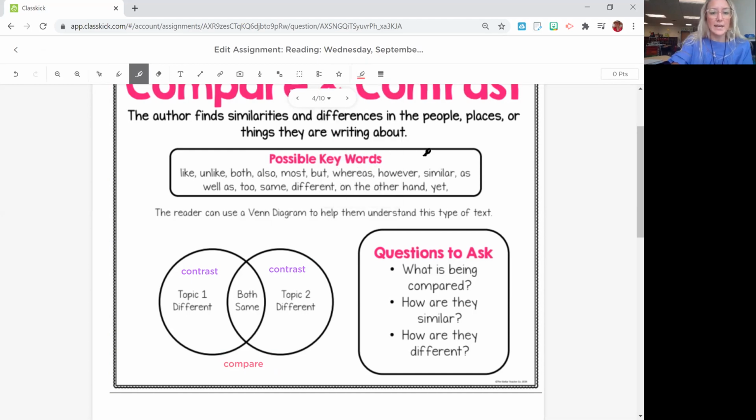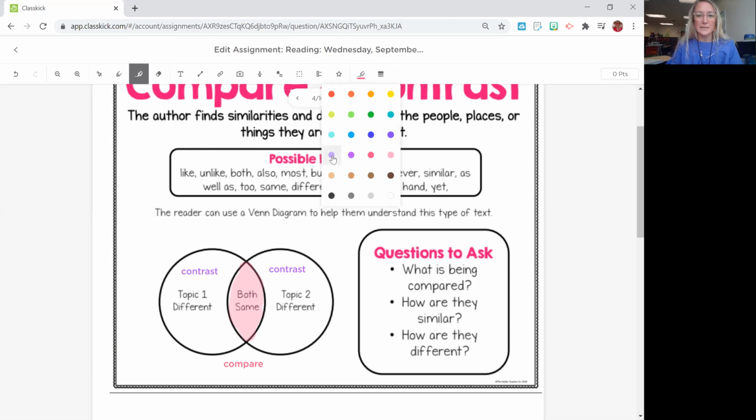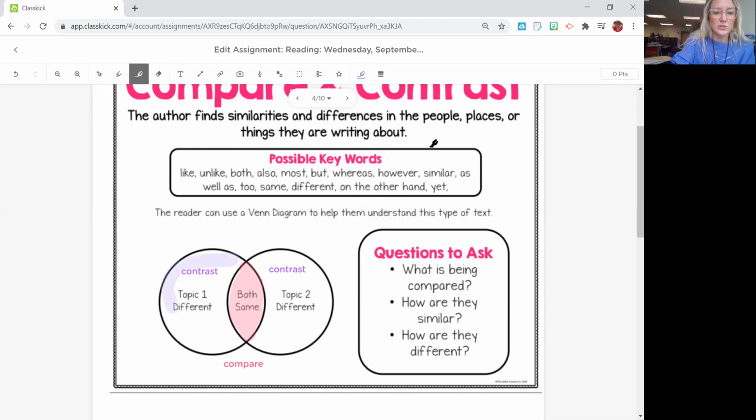Okay, so once again, in the middle, you write about both of them, how you are comparing them. On the outsides, you are contrasting. What is different between these two topics? That is on the outside of the Venn diagram.